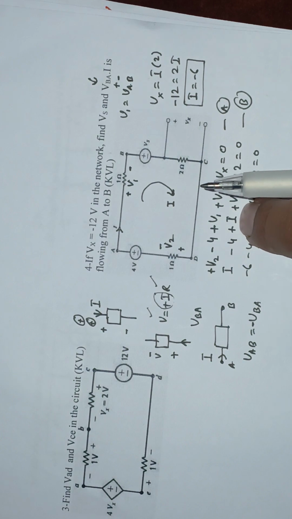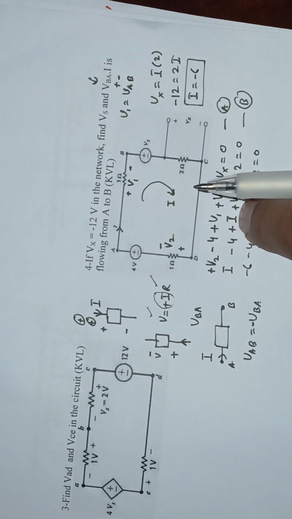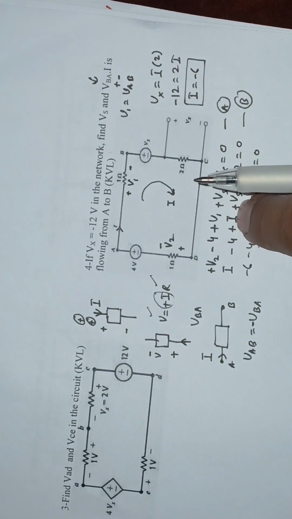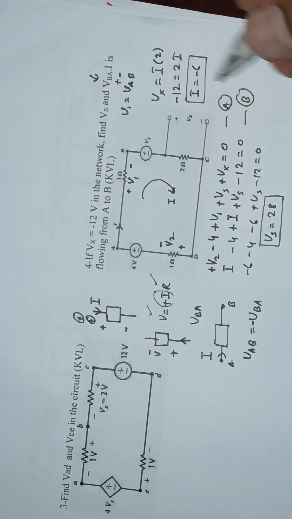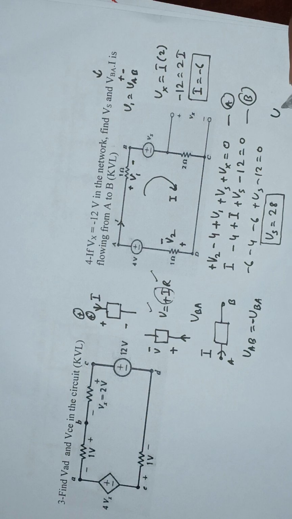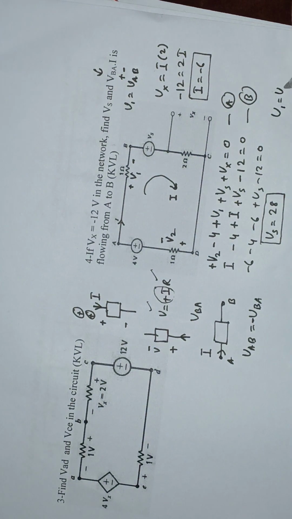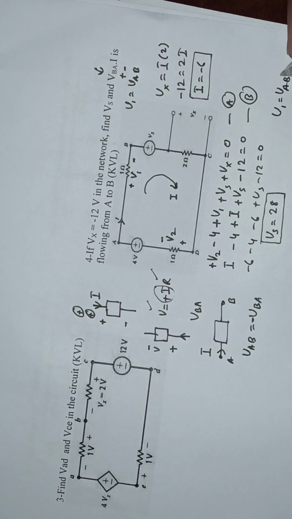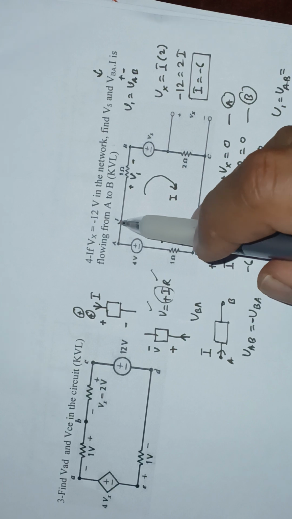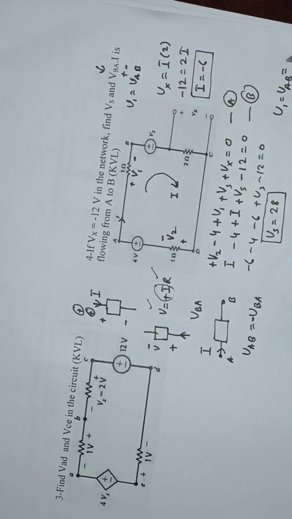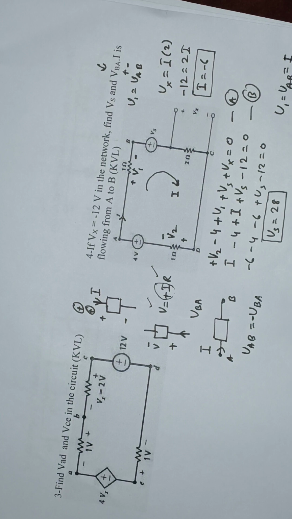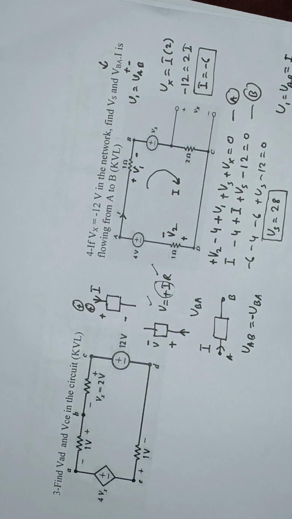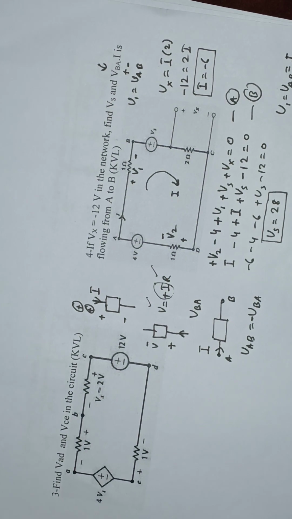So it means that V1 can be found easily, which is already done here. Because V1 is -6, I can see directly here, because I substituted the Ohm's law and I is already -6. But I can do it again over here. V1 is the same as VAB, and this is equal to Ohm's law, I into this R, which is I into 1, which is -6 into 1, and this is VAB equal to -6 volts.